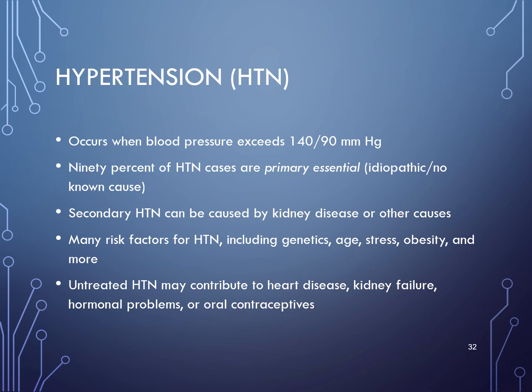And then risk factors associated with hypertension include genetics, age, stress, obesity, and several other factors in there. And if it goes untreated, it can contribute to heart disease, heart failure, kidney failure, and other types of problems.